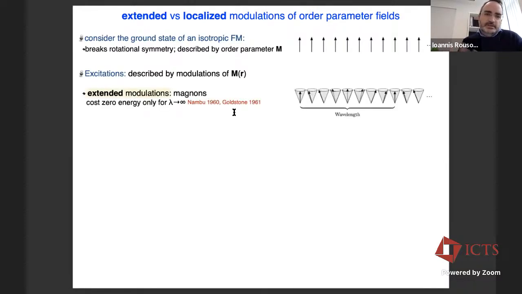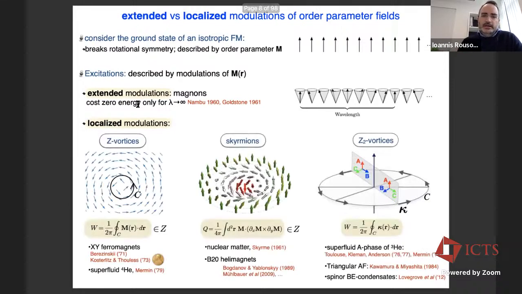And then there's a distinction between extended modulations, magnon-like, which we know cost zero energy only in the limit of infinite wavelength, versus localized modulations. And here I draw two very standard examples: the XY vortices, skyrmions, which we have already heard about in this conference, and then also Z2 vortices that I'm going to discuss also in this talk.